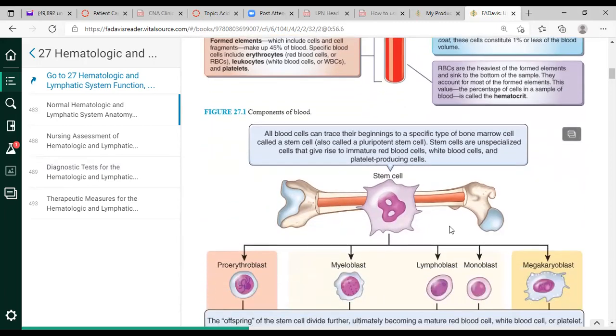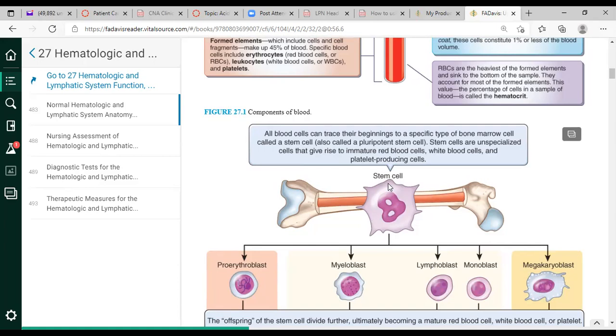And it's talking about stem cells, which are unspecialized cells that give rise to immature red blood cells, white blood cells, and platelets. So stem cells are being researched because they can contribute to blood cell production and platelet production.